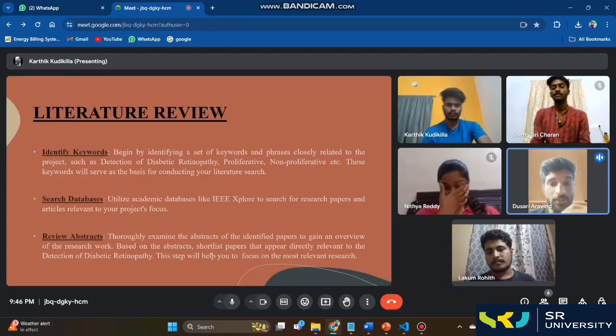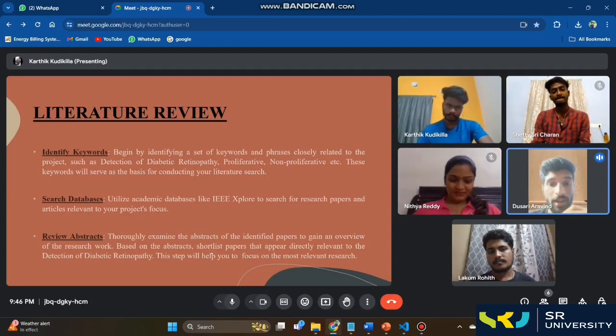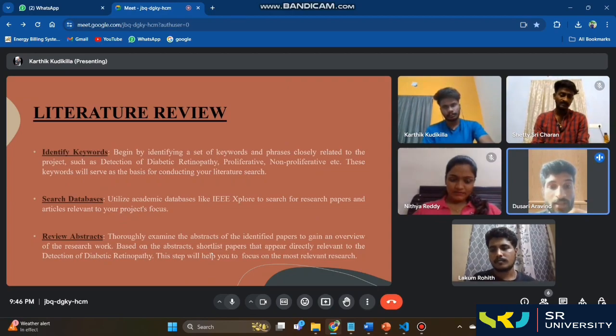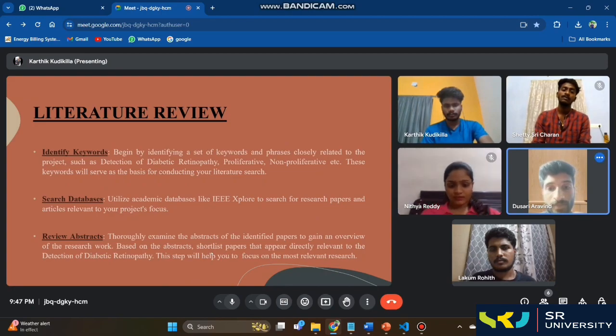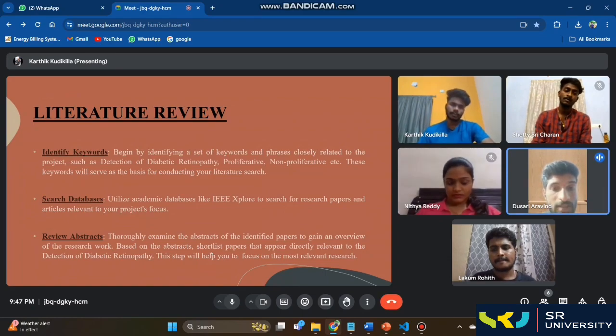Coming to our literature review, identify keywords. Begin by identifying a set of keywords and phrases closely related to the project, such as detection of diabetic retinopathy, proliferative, non-proliferative, etc. These keywords serve as a basis for the literature search. Search databases: utilize academic databases like IEEE Xplore to search for research papers and articles relevant to your project focus.